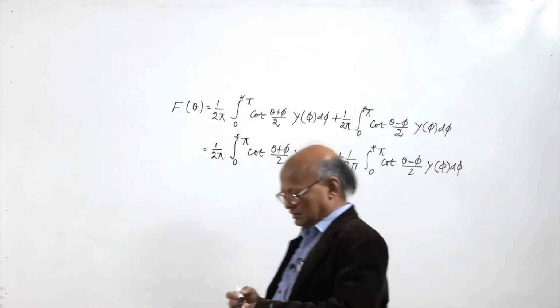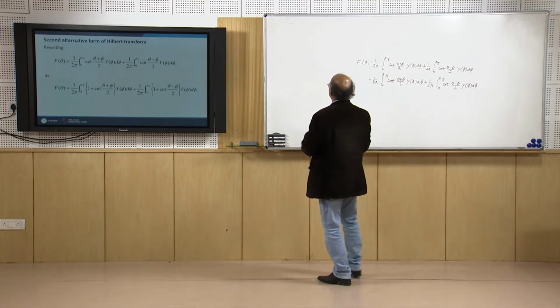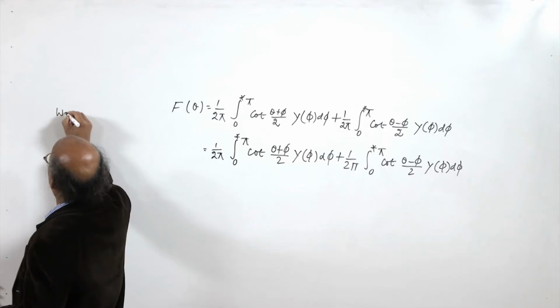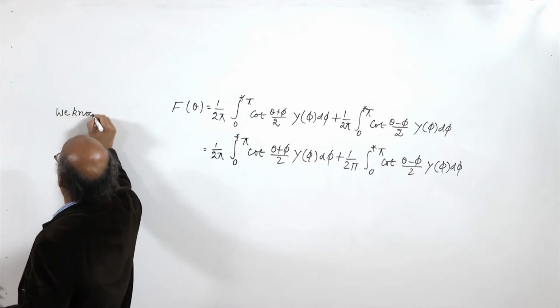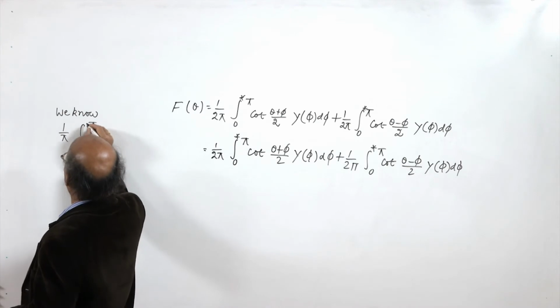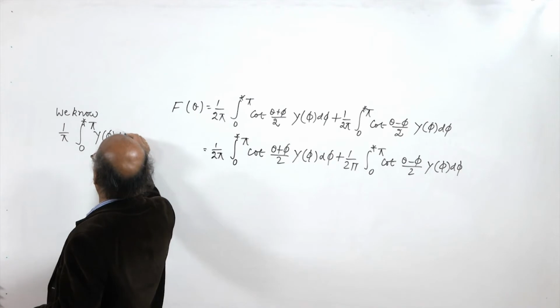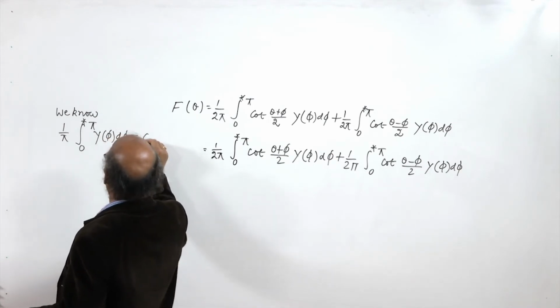If you recall, in the last lecture we had seen that 1 over pi integral 0 to pi of y phi d phi, we denoted by c.